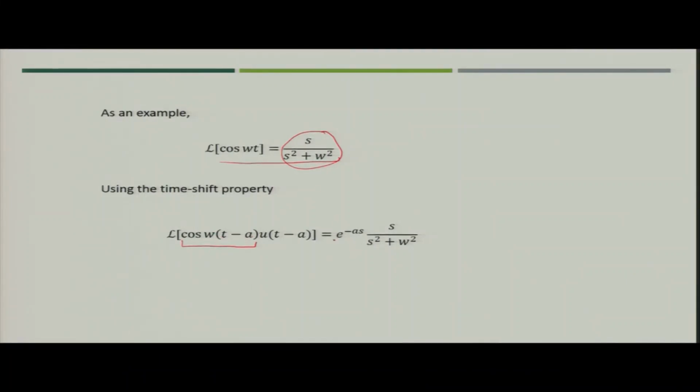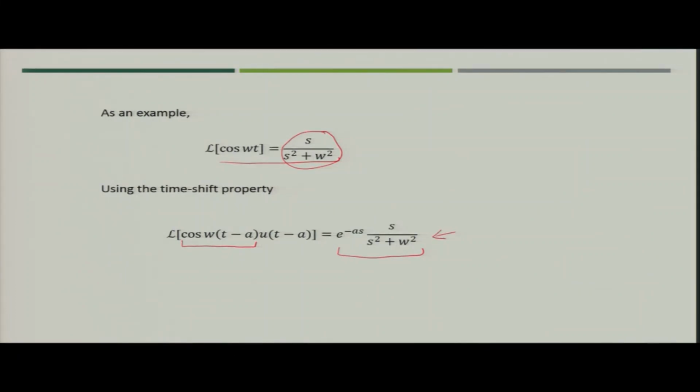You have to simply multiply F s, that is the Laplace transform of cos omega t, by e to the power minus a s. So, without going into the complete integration, you can simply use this time shift property and find out the value of cos of omega t minus a.